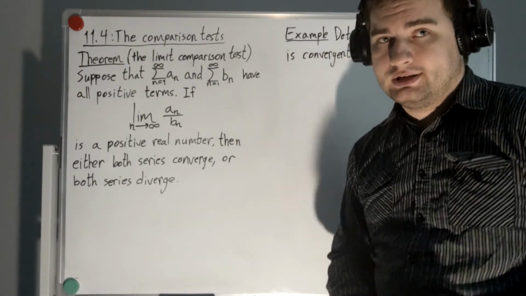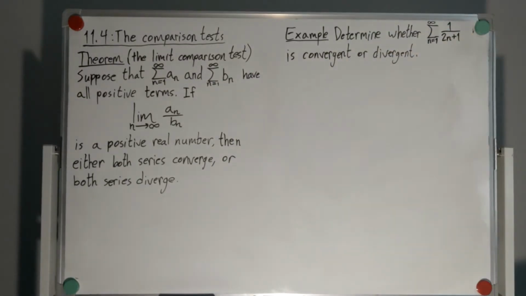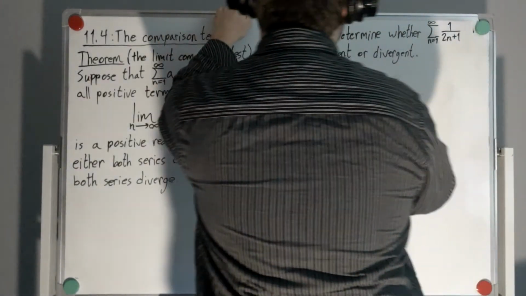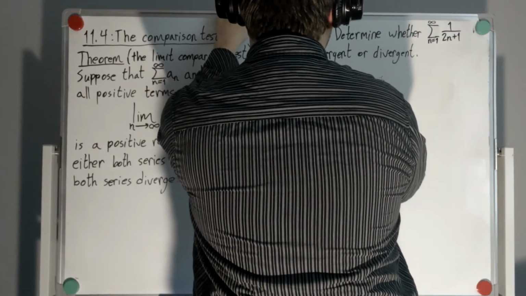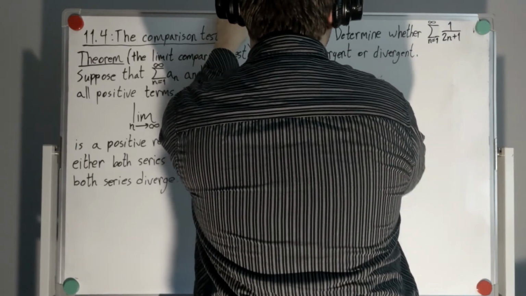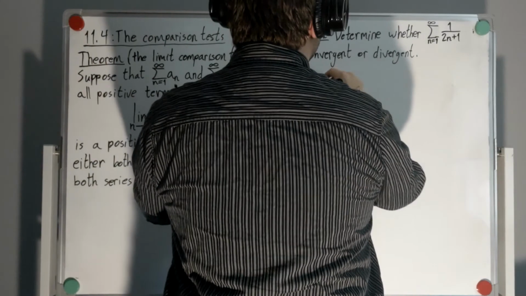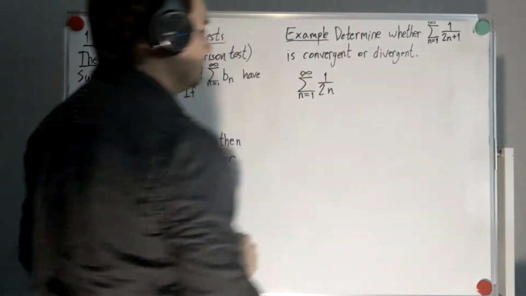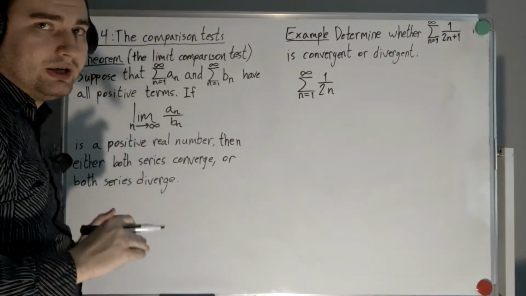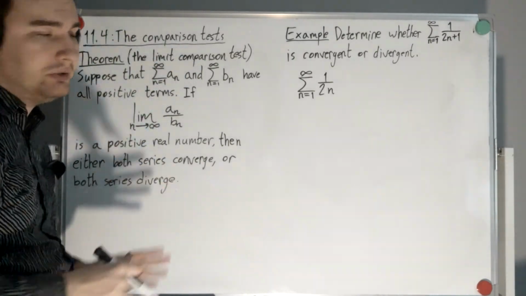Okay? So let's look back at this example that had us a little bit frustrated before. I'm going to look at the sum from n equals 1 to infinity of the obvious simplification, which is just 1 over 2n. Now, I claimed before that this is divergent. I'm going to show you why that is now.